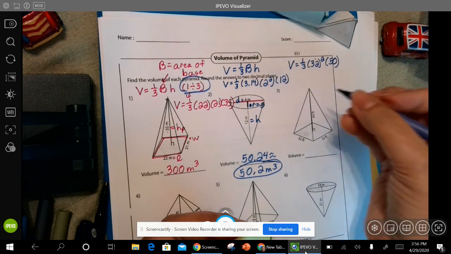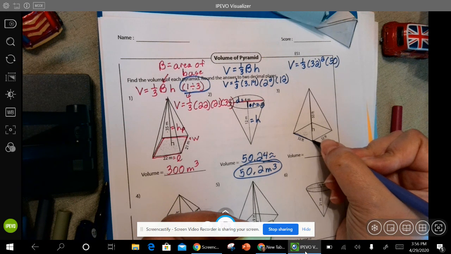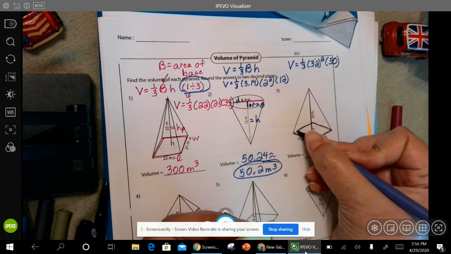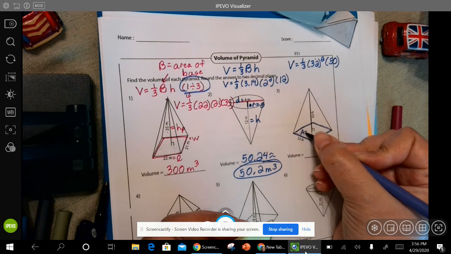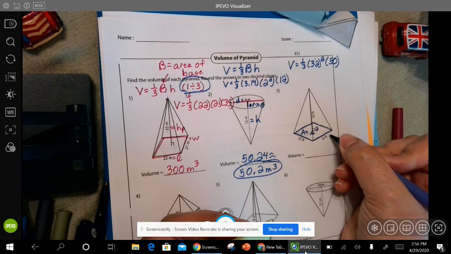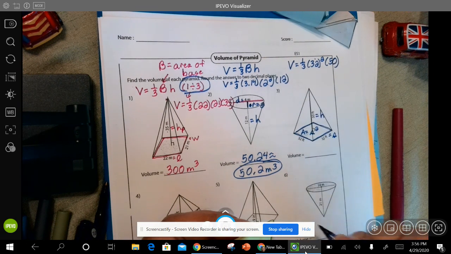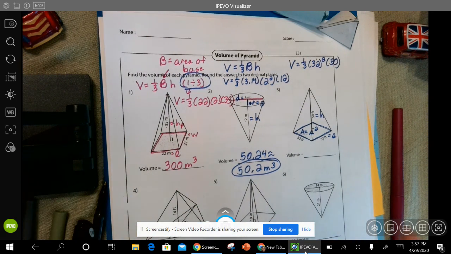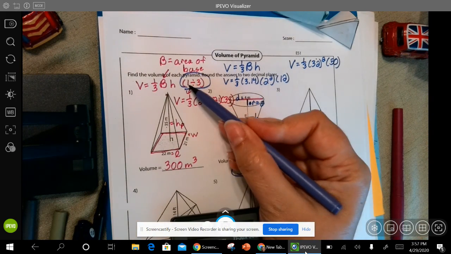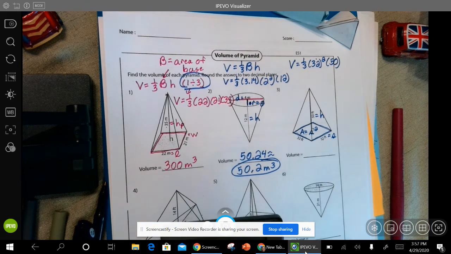That's because for the area of the base, remember, the area of a square is side squared. The side length is 32, height is 50. I'm just showing you where I'm getting all these. Again, I'm going to enter 1 divided by 3 times 32 squared times 50.